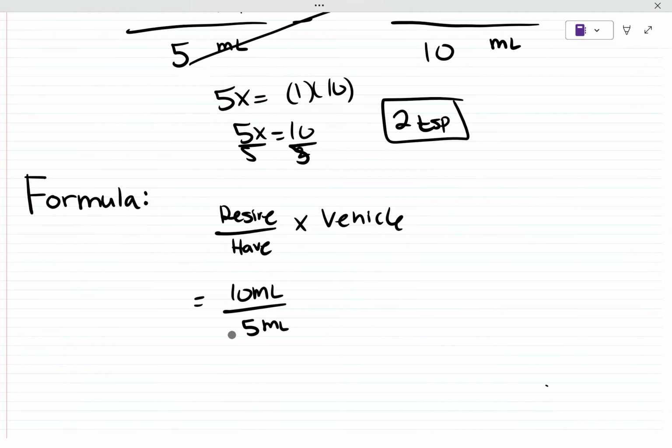This was available, 5 milliliters was given, and then you want to know how many teaspoons are there in 10 milliliters, and the available is 1 teaspoon. Put it all together, you get 10 times 1 over 5, which is 2 TSP.